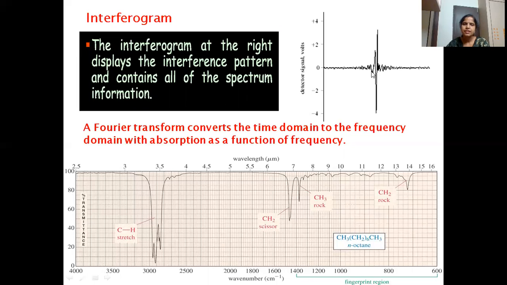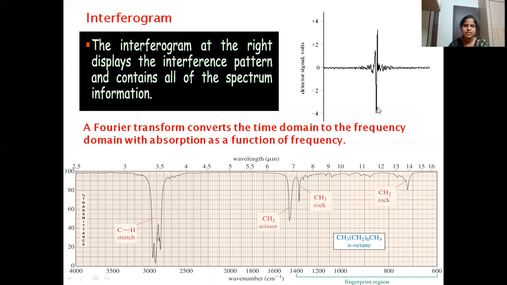This spectrum is due to all the wavelengths undergoing absorption and being transmitted out by the sample. But this is very complex, so we need to convert it into a frequency domain spectrum. For that we use the Fourier transform.